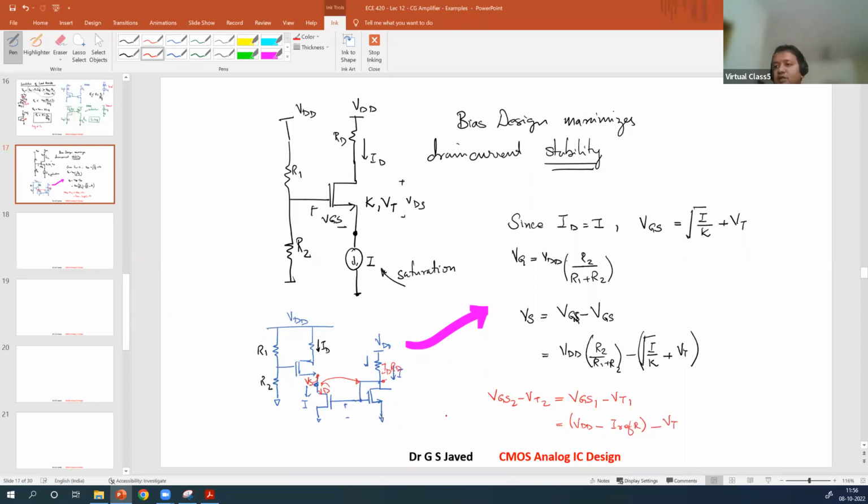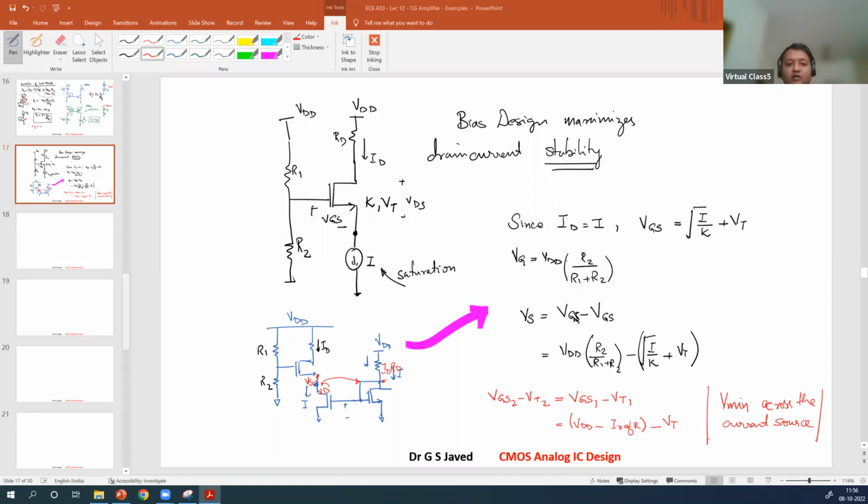Now, this means there is a minimum voltage V min across the current source. You need a minimum voltage V min across the current source for it to operate properly, and that operation is critical.